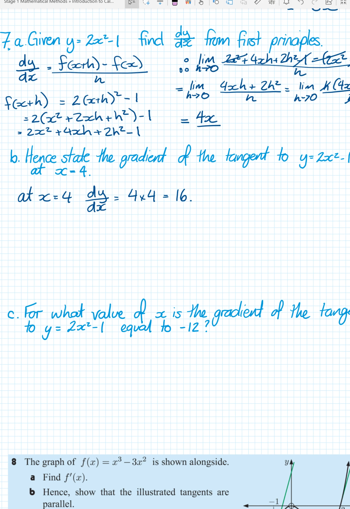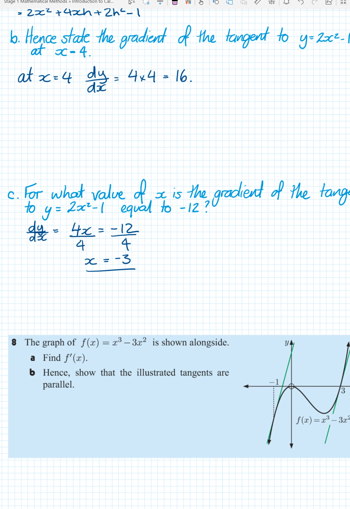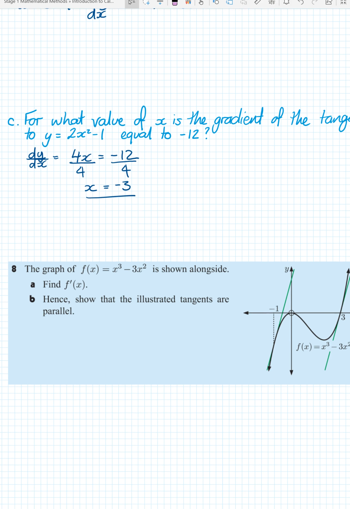So we have dy/dx is equal to 4x equal to minus 12, dividing both sides by 4, we get x equals minus 3. So it's just rearranging the equation to find both solutions. What is the x value and what is the y value?